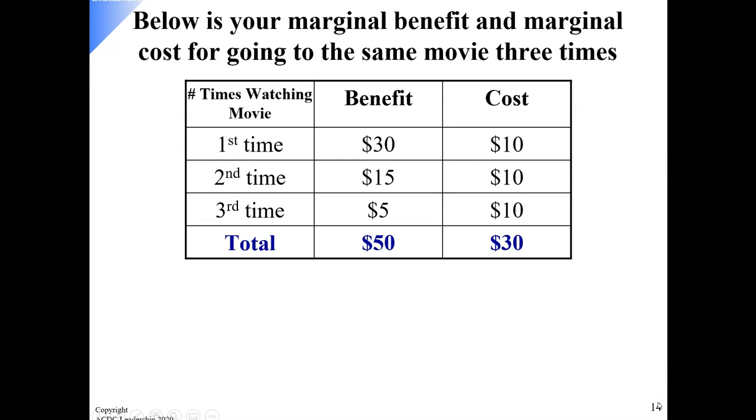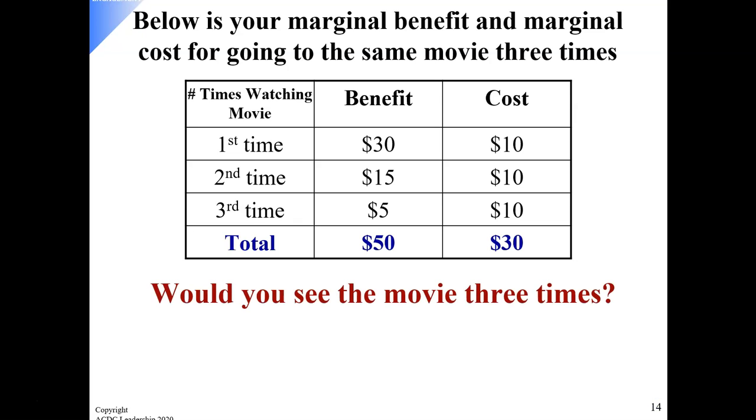Below is your marginal benefit and marginal cost for going to the same movie 3 times. So the first time, you'd be willing to pay $30, and your cost is 10. And you can see the second time you go to the movie, your benefit's 15 and the cost is 10. The third time, the benefit's only 5 and the cost is 10.